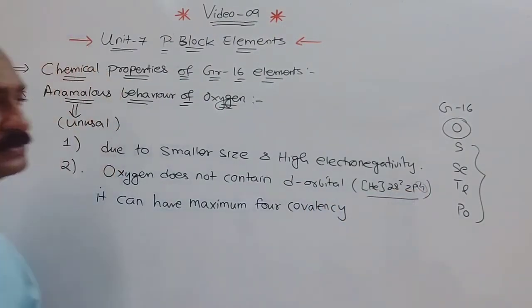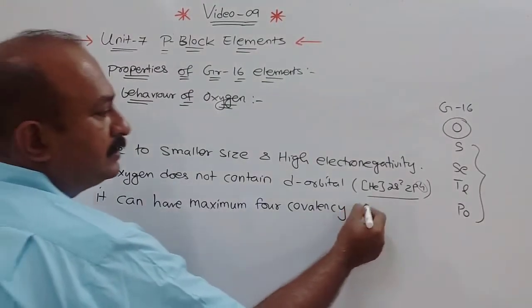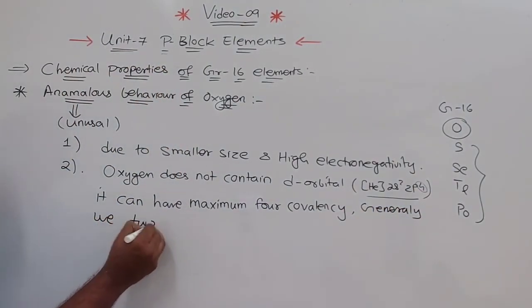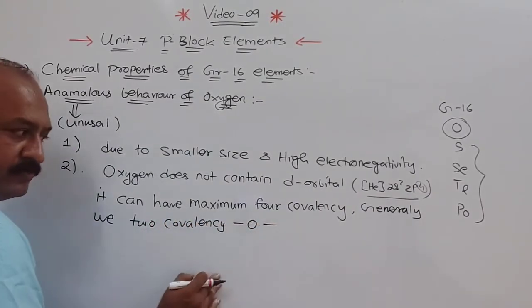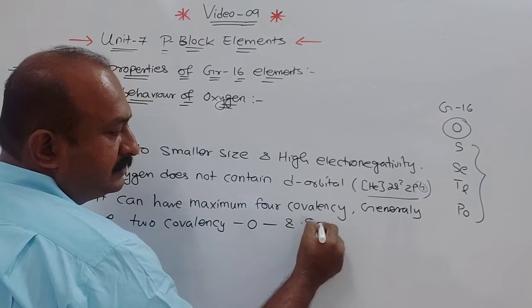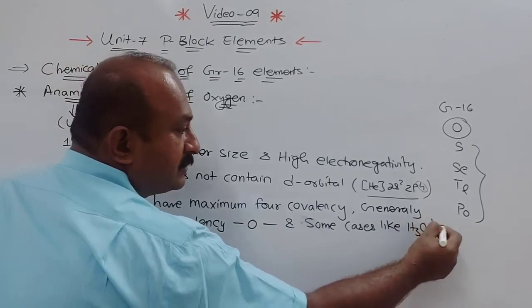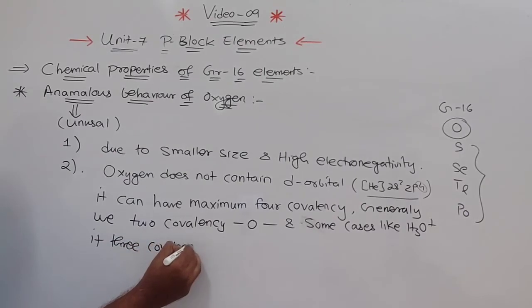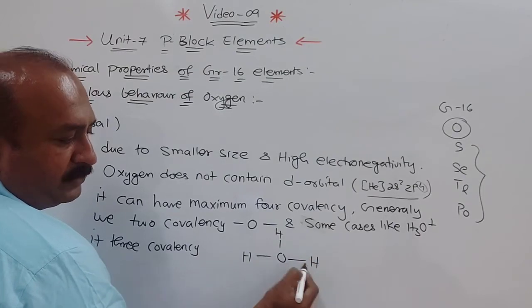Now what is the reason for maximum covalency here? You can see 4 electrons it can donate from p orbitals. But generally we see 2 covalency, because oxygen can combine at 2 places, and 3 in some cases like H3O+, where it shows 3 covalency. 3 covalency means it combines and donates an electron pair here.